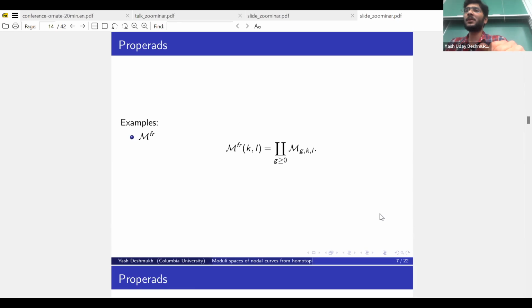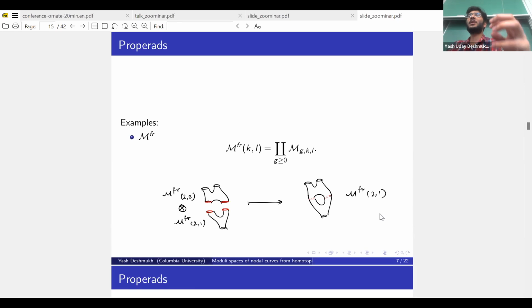So that's the space of operations. And as I said, you can use this parameterization to actually perform the gluing, which in the language of properad corresponds to the composition operation. So this gluing of outputs and inputs of Riemann surfaces is captured in the algebraic structure of properad. So this is for framed Riemann surfaces.